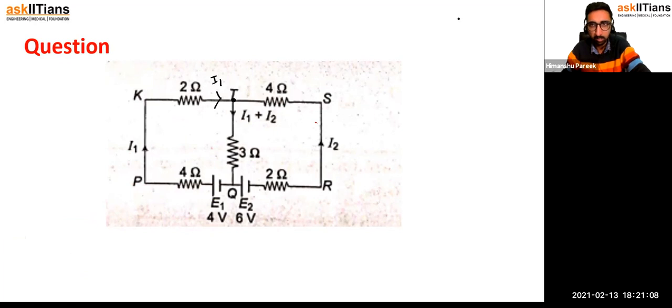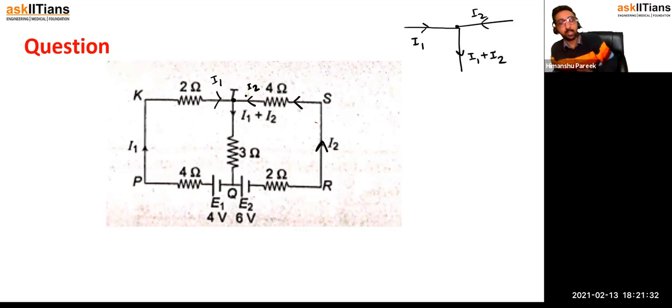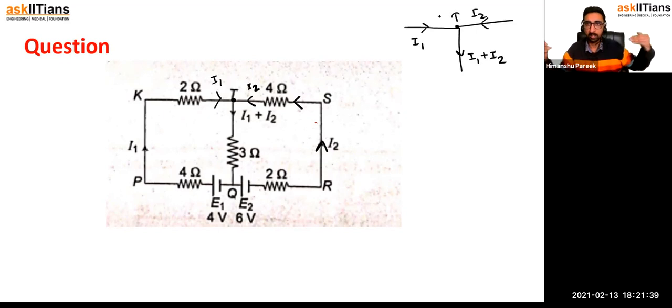This is the junction T. At the junction T, the current I1 is coming this way, and the current I2 is coming from this side. You see this? This is the I2 current, so it would be flowing like this. So guys, if you see carefully, you will find that I1 and I2 are approaching the junction T. They will combine and go back as I1 plus I2.